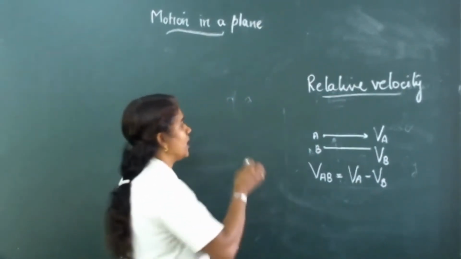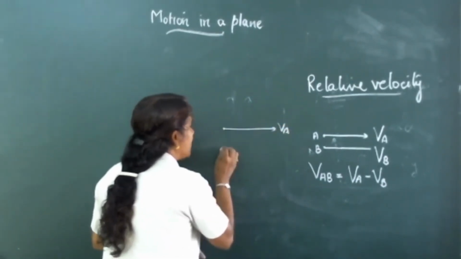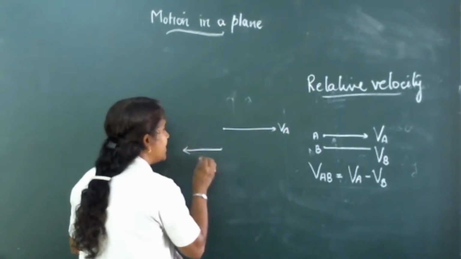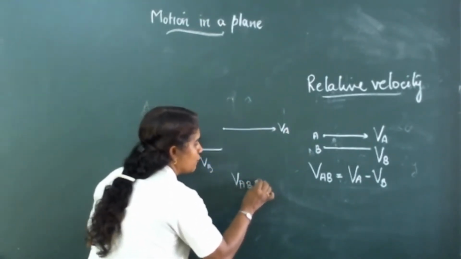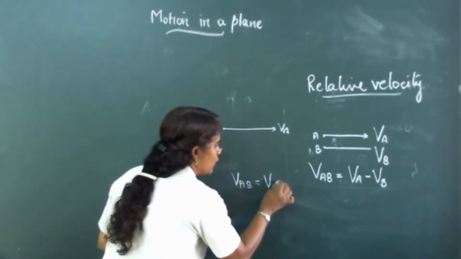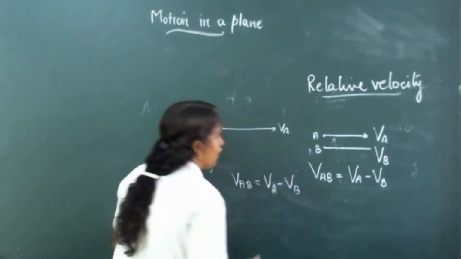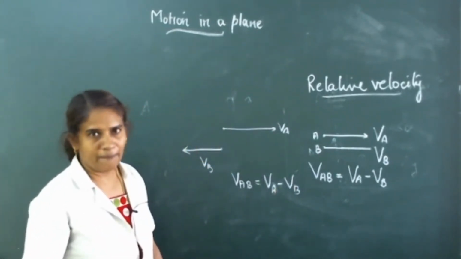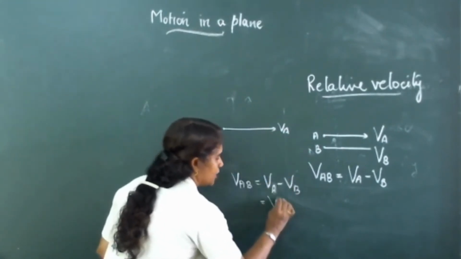When A is moving in the positive direction and B is moving in the negative direction, then calculating the velocity of A with respect to B by the formula VA minus VB: see, VA is in the positive direction.